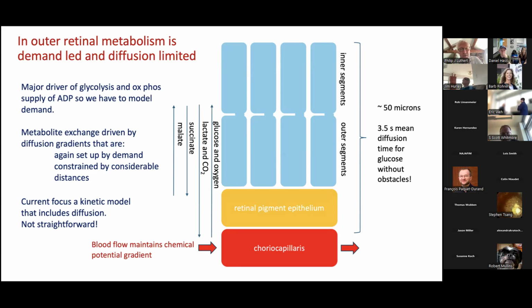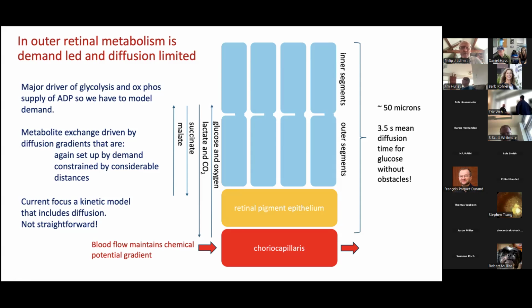And the other issue is that the vast majority of metabolite exchange is purely by diffusion, which of course makes perfect sense, because why waste energy if you can do it by diffusion gradient? And again, it's demand-led.